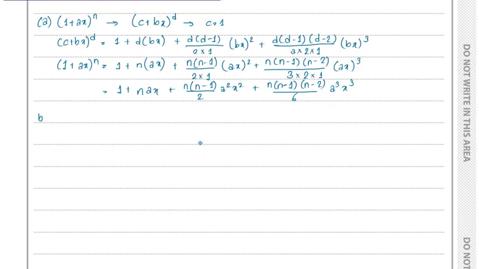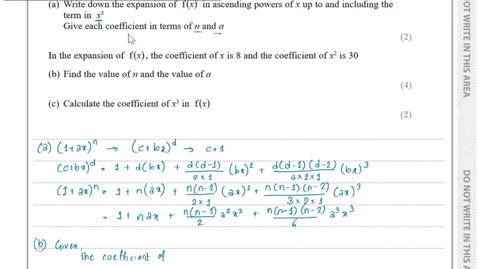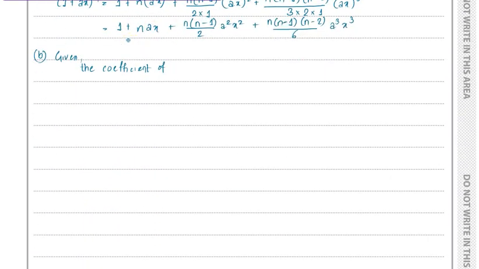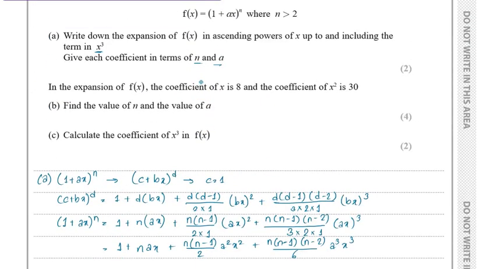So the coefficient that they have given us of x is 8, and the coefficient of x squared is 30.